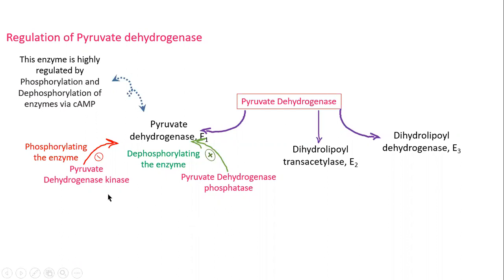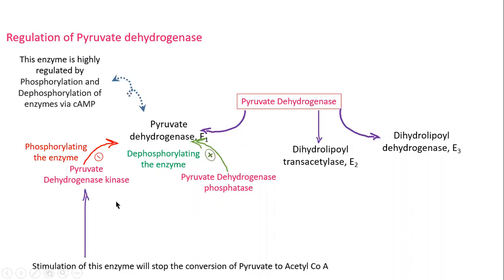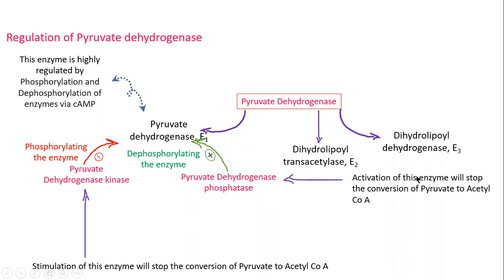Now, if we stimulate this enzyme, the pyruvate dehydrogenase kinase, E1 is inhibited, and if we stimulate the phosphatase, this E1 is activated. So if kinase is stimulated, E1 is inhibited. If phosphatase is stimulated, E1 is stimulated.